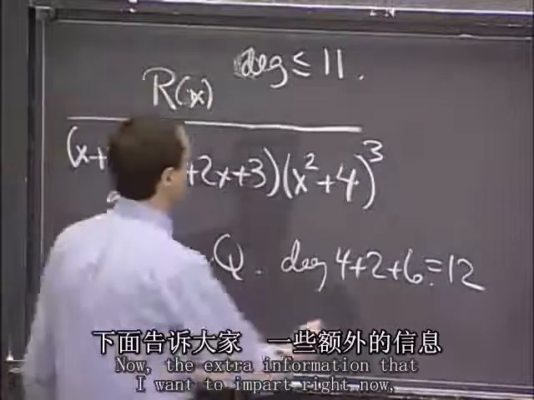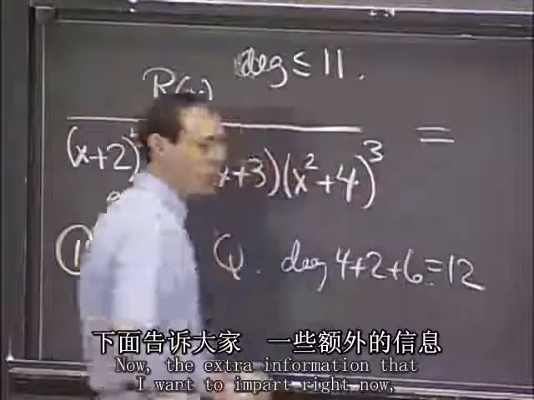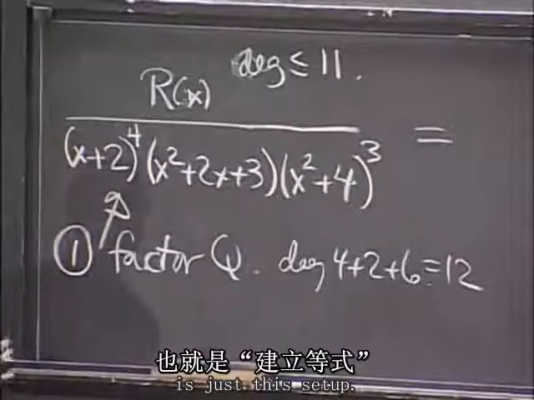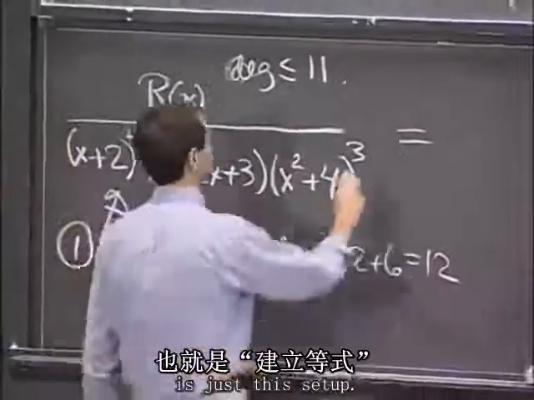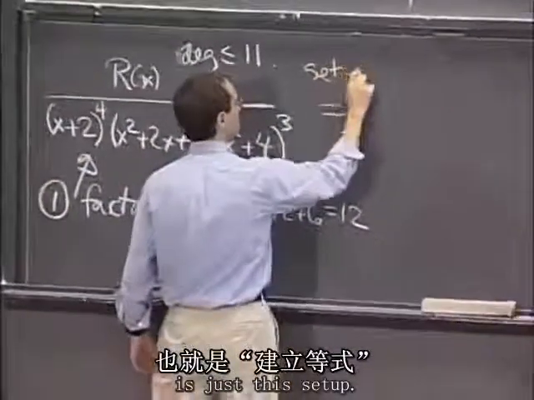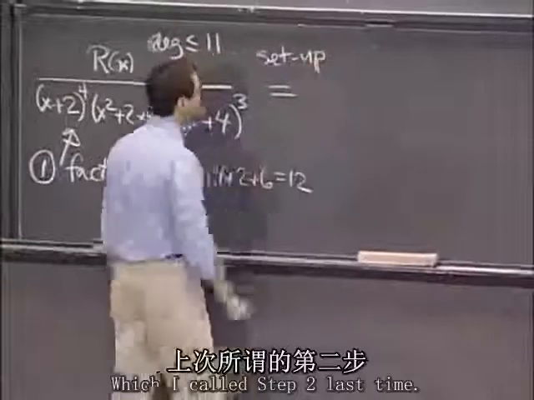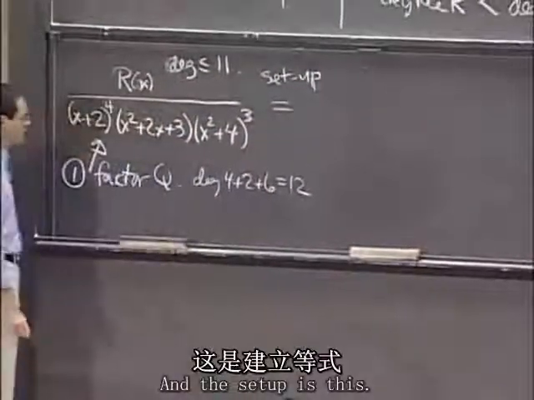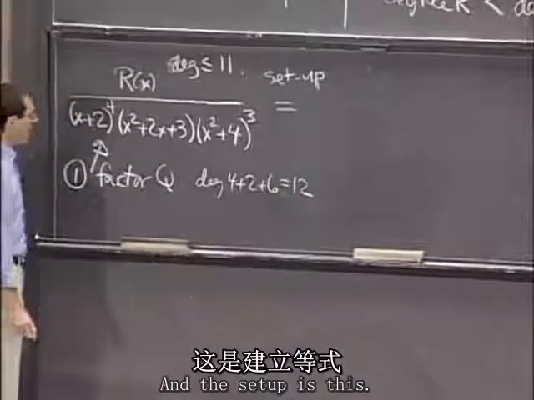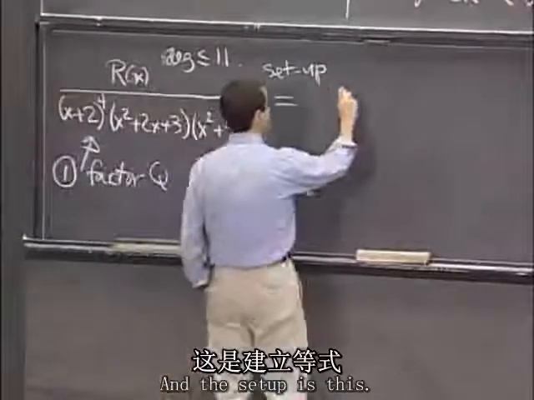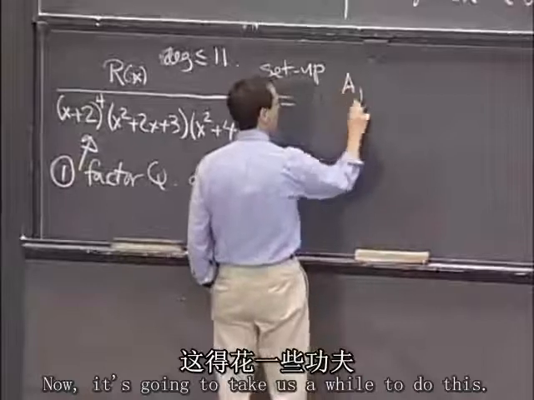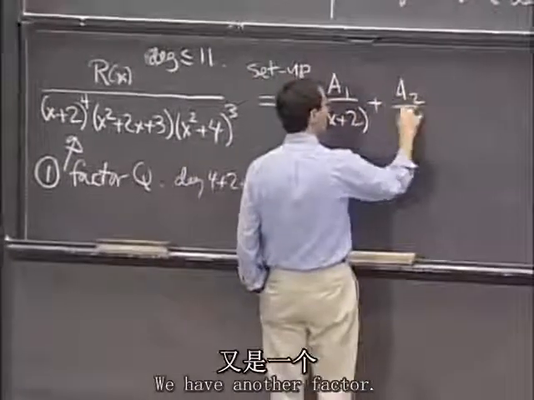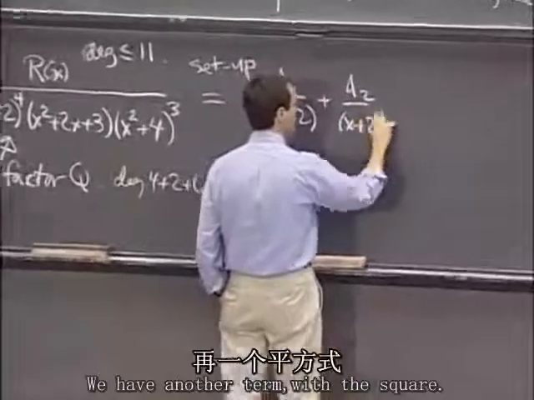Now, the extra information that I want to impart right now is just this setup, which I called step 2 last time. And the setup is this. Now, it's going to take us a while to do this. We have this factor here. We have another factor. We have another term with the square.